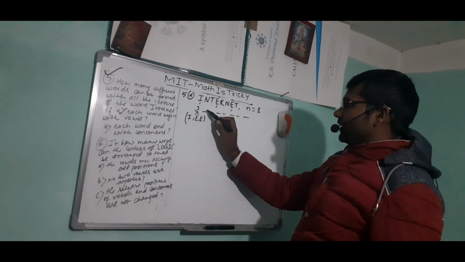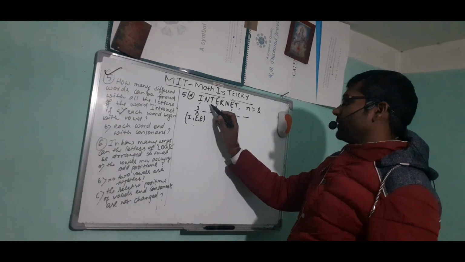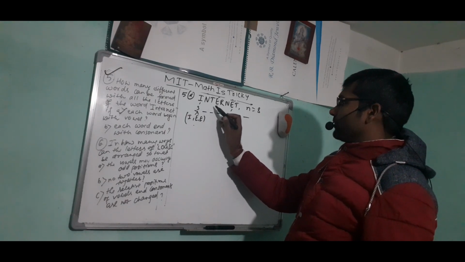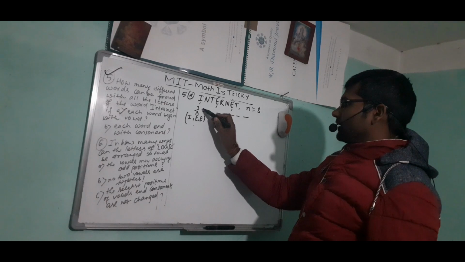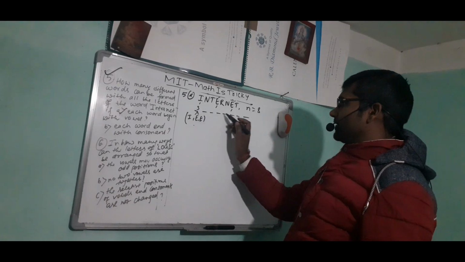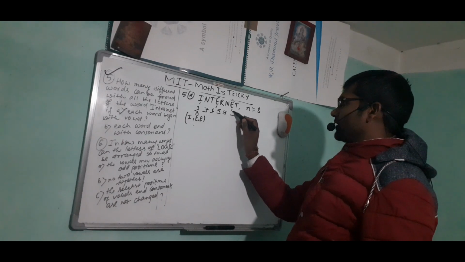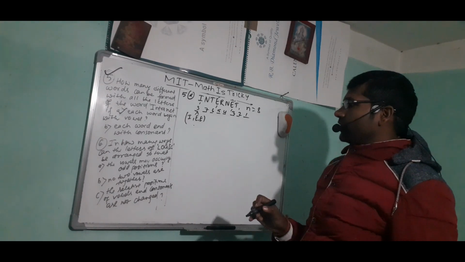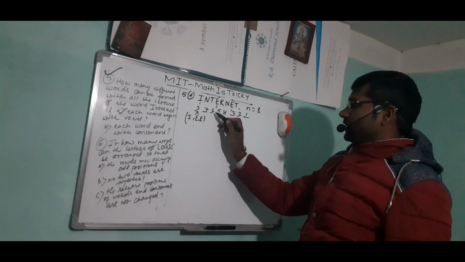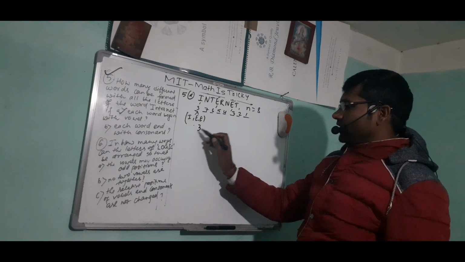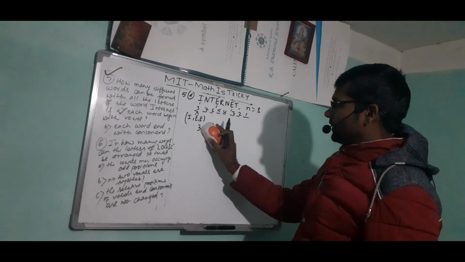For the remaining 7 places, they can be arranged in 7, 6, 5, 4, 3, 2, 1 ways.